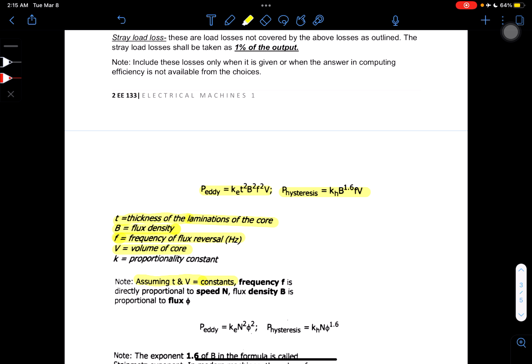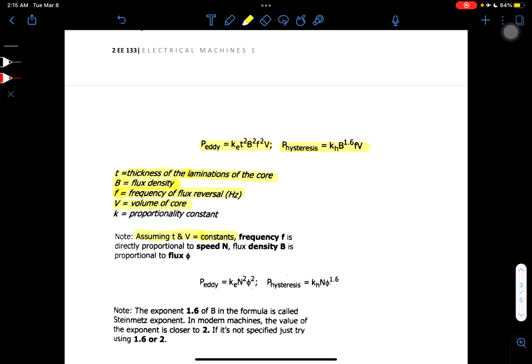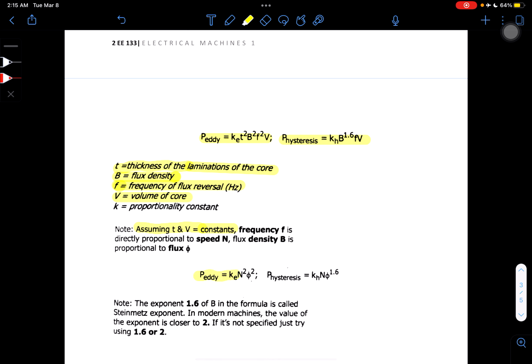So if constant ang thickness and the volume of the core, the frequency is directly proportional to the speed. And our flux density is proportional to the flux. So if given the flux and our speed, for eddy current: K constant, N squared, flux squared.